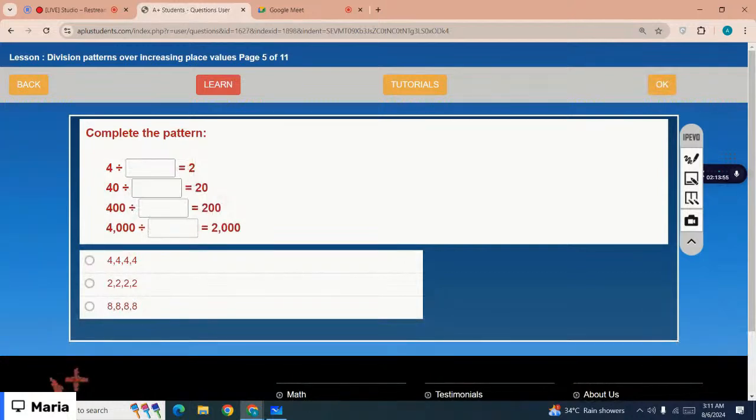Okay, complete the pattern. 4 divided by missing number is 2. 40 divided by missing number is 20. Then you have 400 divided by missing number is 200. And then you have 4000 divided by missing number is 2000.